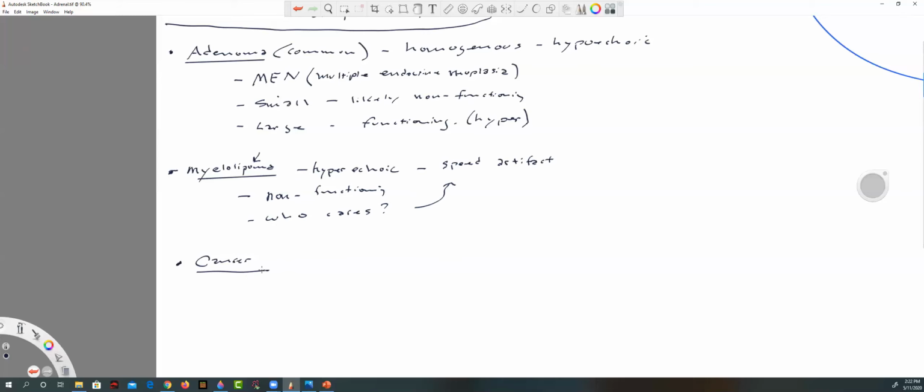Now, the chapter has one tiny section on cancer. It doesn't really get into it all that much, and I think that's because it's rare.